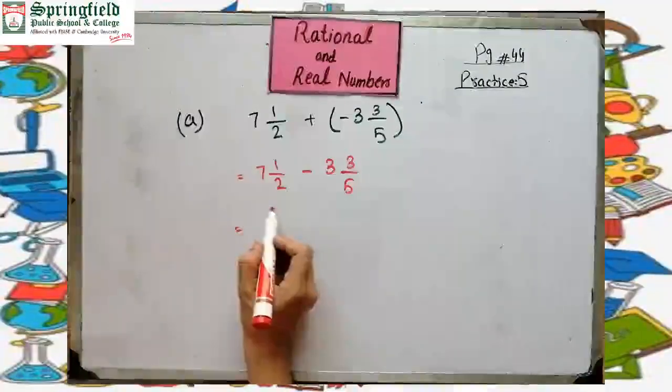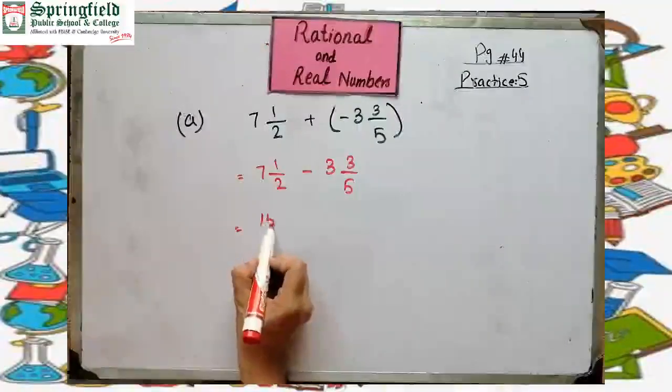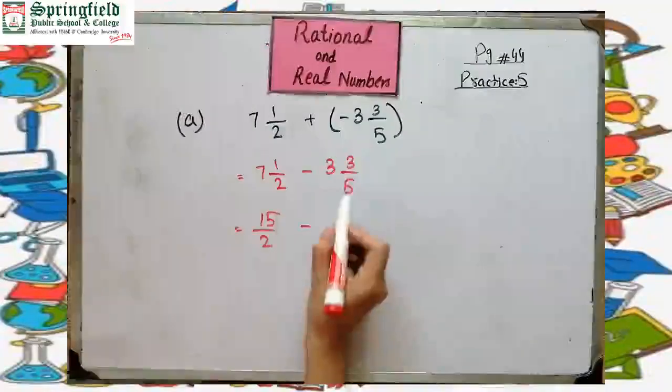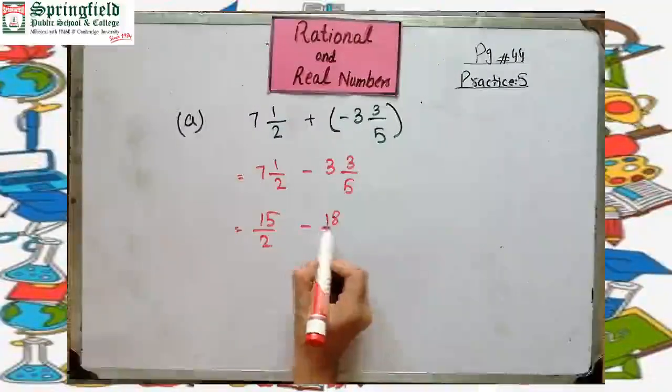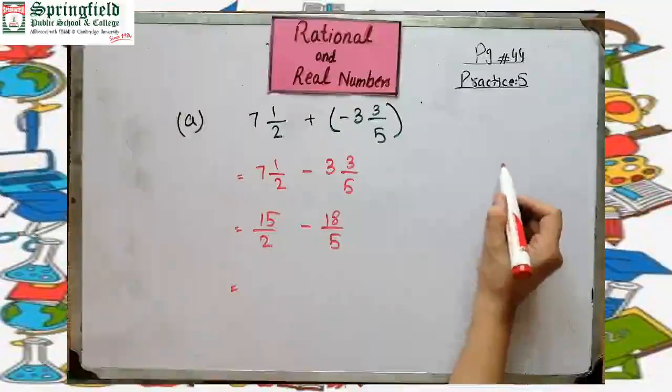Now convert the mixed numbers into fraction form. 7 2s are 14 and 1, 15 divided by 2, minus 3 5s are 15 plus 3, 18 divided by 5. Now find the LCM of 5 and 2.